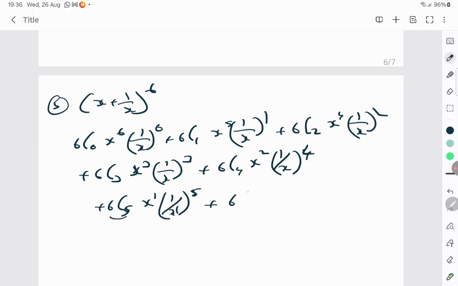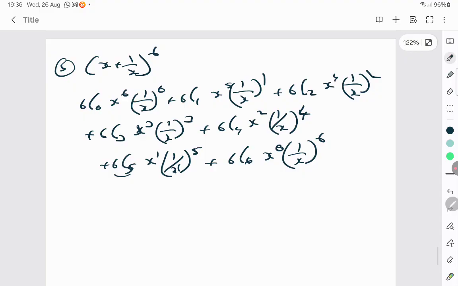Plus 6c6, x to the power 0, 1 by x the whole to the power 6. Just solve this and you get your answer.